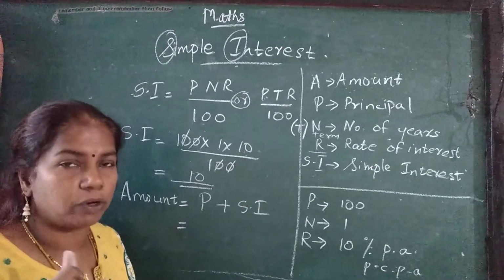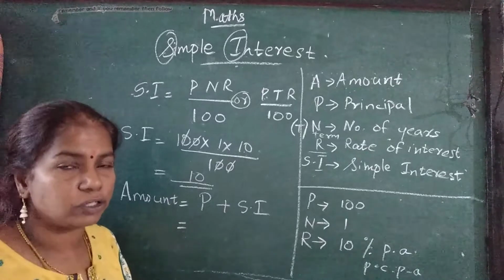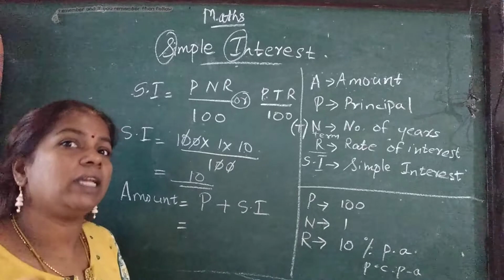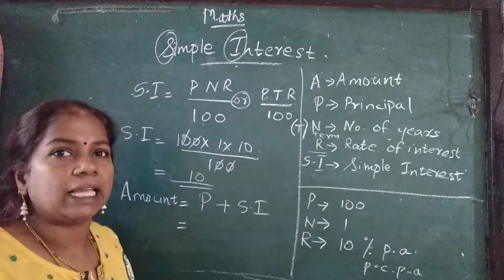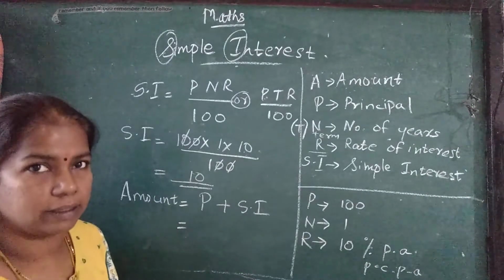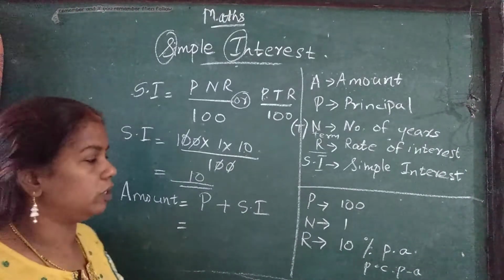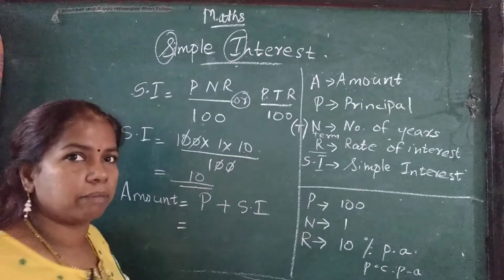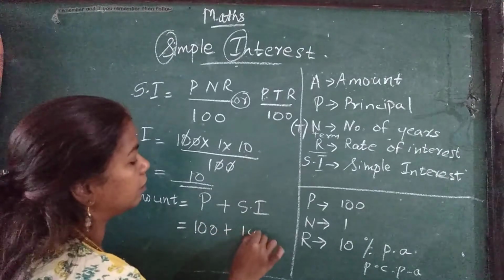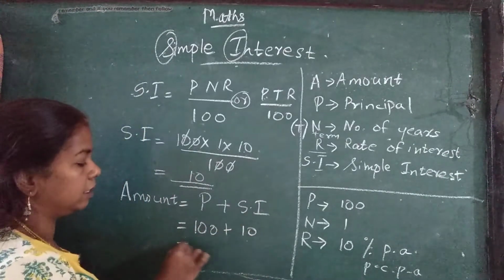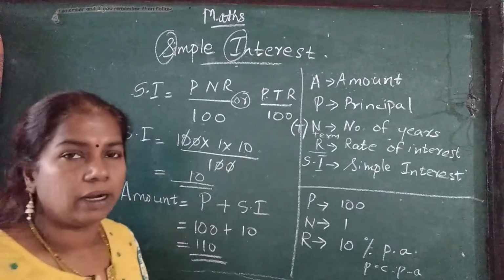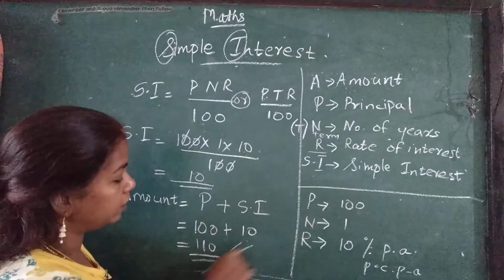The money which we borrow from anyone, from a bank or institute, is called principal. And the money which we repay them with interest is known as amount. So amount will include interest. Amount is equal to principal plus simple interest. Here principal is 100, simple interest is 10, that comes to 110. How much money do I have to return to my friend? 110 rupees.